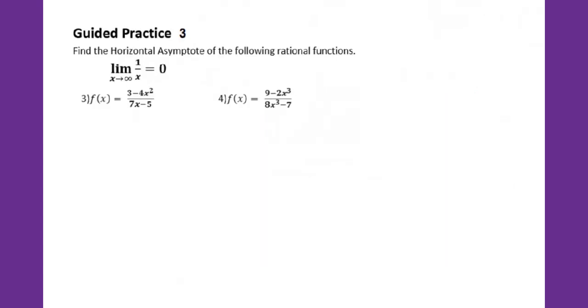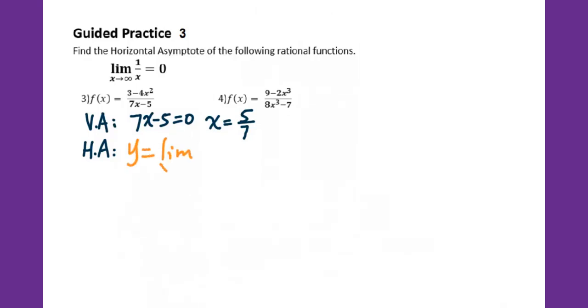Let's go to number 3. You could see the vertical asymptote line comes from 7x minus 5 equal to 0. X equals 5/7. For the horizontal asymptote line, we use y equals the limit as x tends to infinity of 3 minus 4x squared over 7x minus 5.